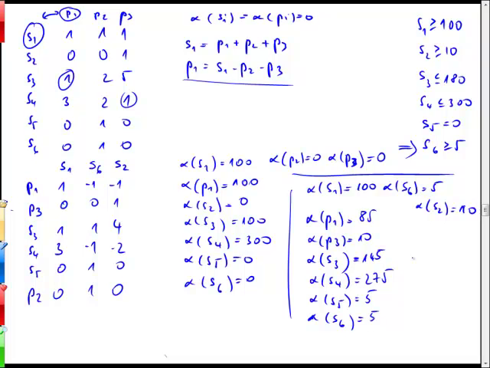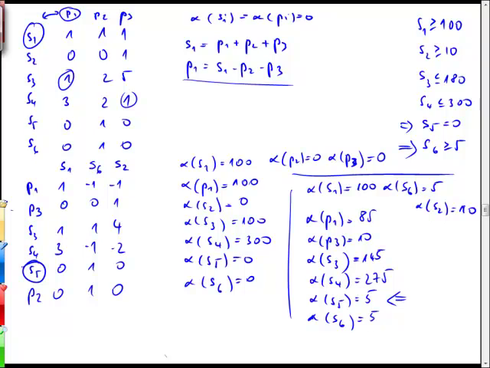Is this a solution? No, we just shifted the problem from S6 to S5, which now has the value 5, but it should be 0. So S5 should be pivoted.